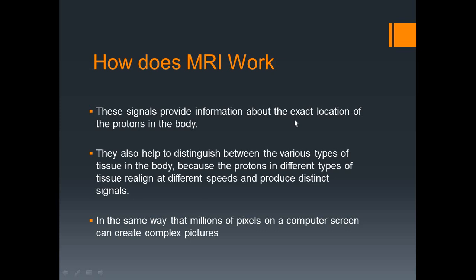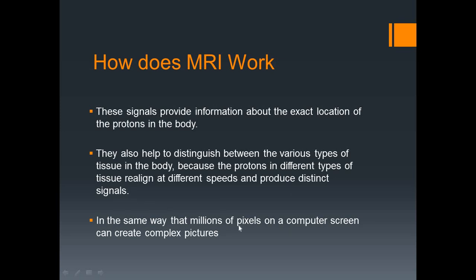These signals provide information about the exact location of the protons in the body. They help to distinguish between the various types of tissue in the body because the protons in different types of tissue realign at different speeds and produce distinct signals.